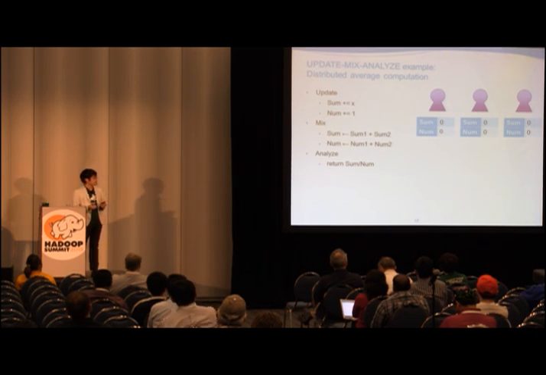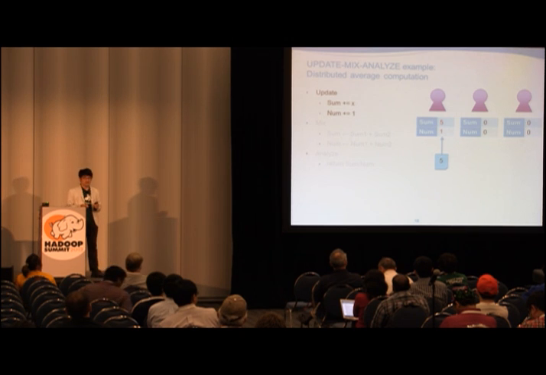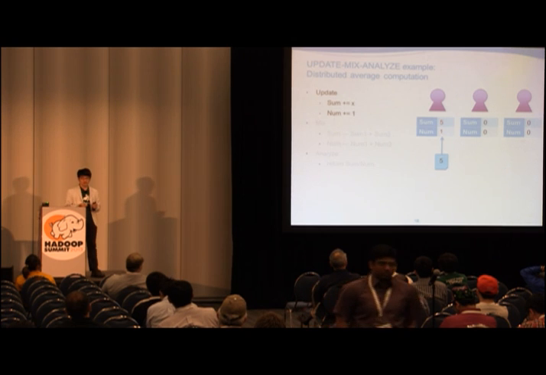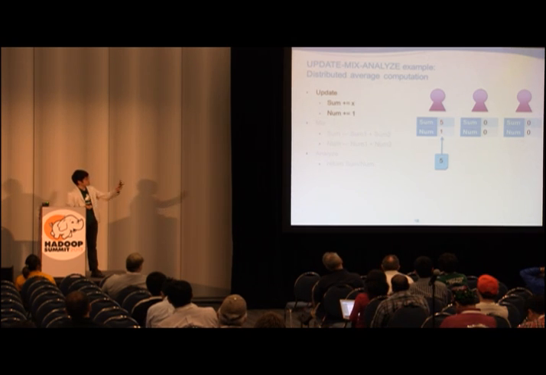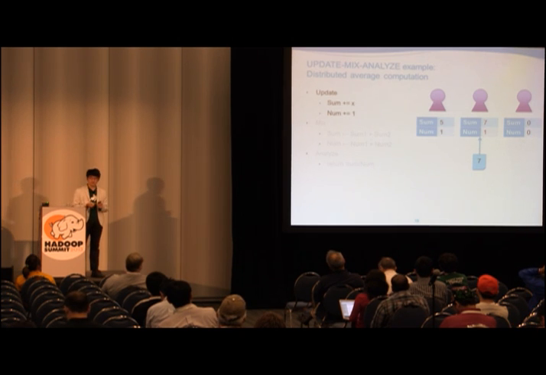Here we have a very simple model with the sum and the number of incoming samples. For example, we have a new sample 5, randomly choose one server, and update the model with the number using the update operation. And here comes another example, 7, and another model will be updated based on the sample.